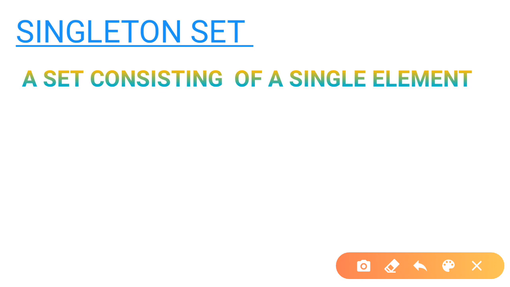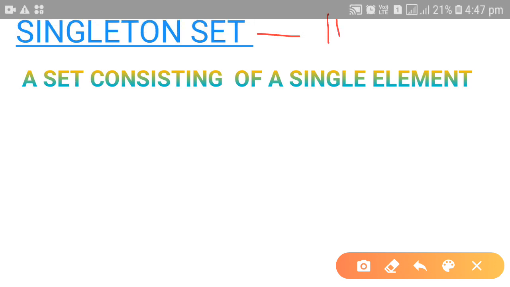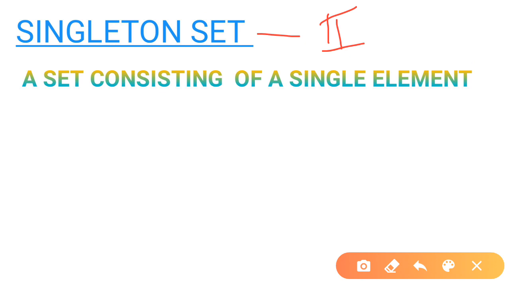Here we are seeing the types of sets. In that, the first one, the empty set, is over. We have finished that one. The second type is the singleton set. I hope it is clear.